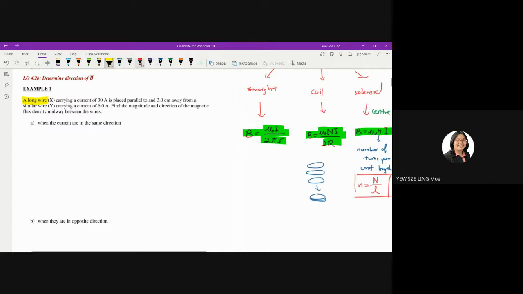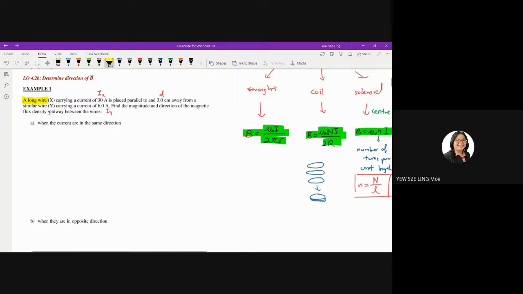So two pieces of information are given in the first sentence: you have an I that belongs to X, and also the distance between the first and the second wire. And the second wire is carrying a current of 6 ampere, IY.